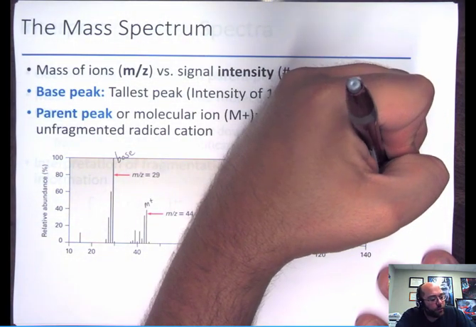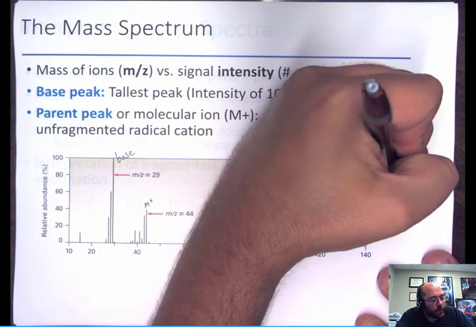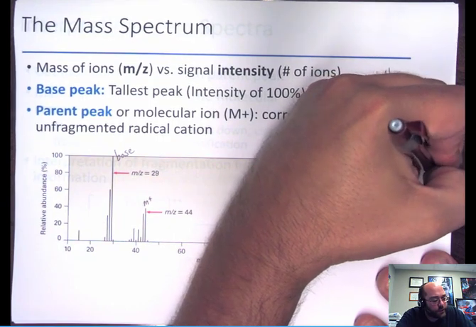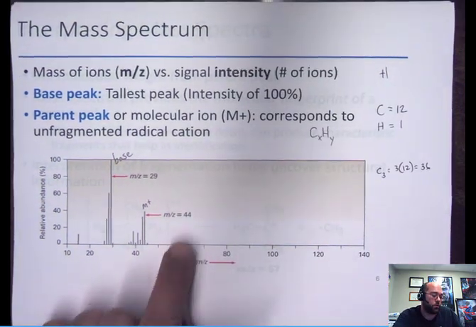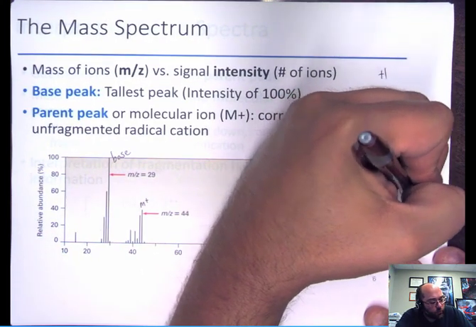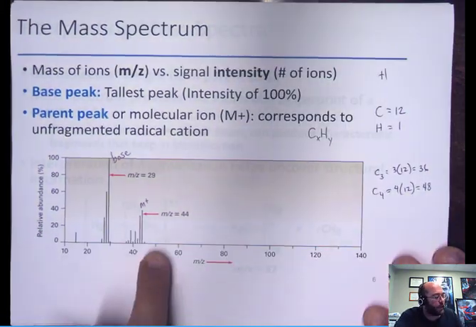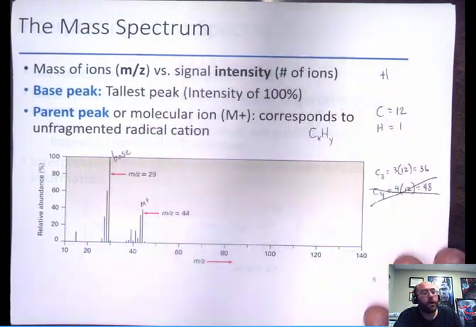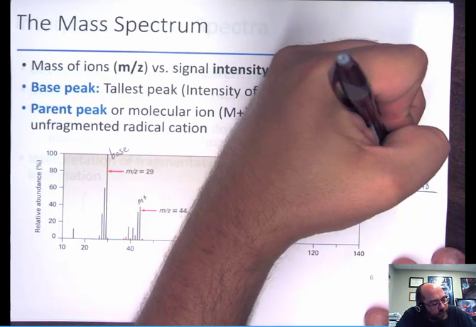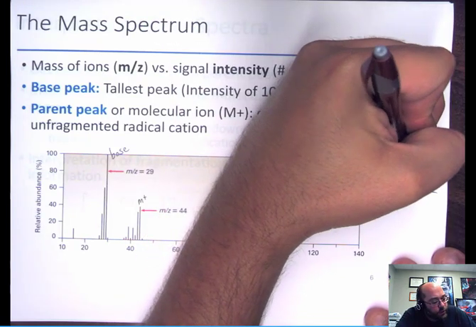If it were C3, that would be 3 times 12, which equals 36, so you're still under the 44. If you said C4, that would be 4 times 12, which is 48. That's too big, so we automatically know there can't be 4 carbons. And lastly, let's look at C2. That would be 2 times 12.